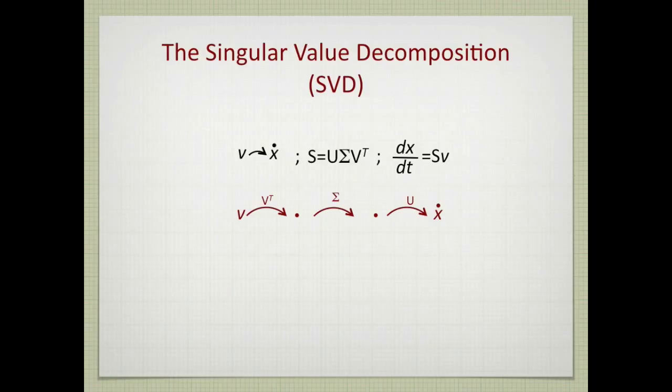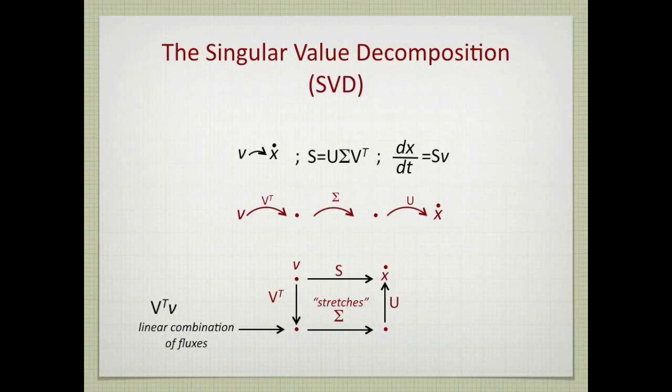And you get something, and then you map it with sigma, which, as we'll see, is a diagonal matrix, and that results in another vector that is then mapped by U, which is comprised of left-hand side or left singular vectors, back into the time derivative vector. So I'm going to take S and break it into three different mappings, and that is shown pictorially here. At the top of this diagram, v is just mapped straight into x dot, or we can go through these three mappings that are shown at the bottom.